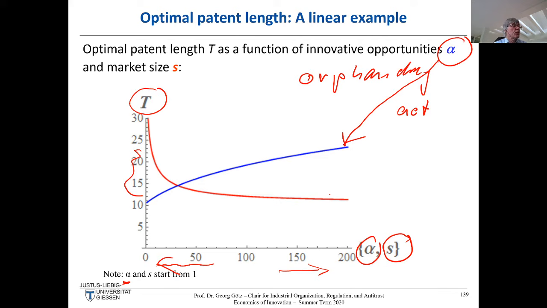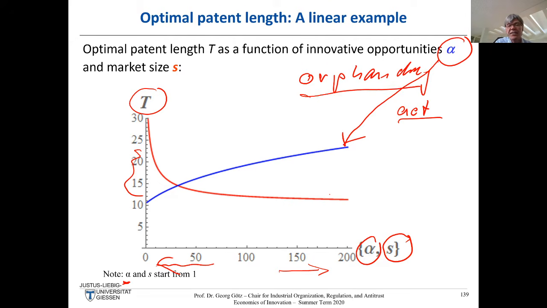This drug, for example, affects only 20,000 people in Germany, so your market size is only 20,000, whereas for rheumatoid arthritis it's 800,000, so it's quite different. What you see here is that it's optimal for smaller market size to have a longer patent length, and that's actually what's done in the Orphan Drug Act.